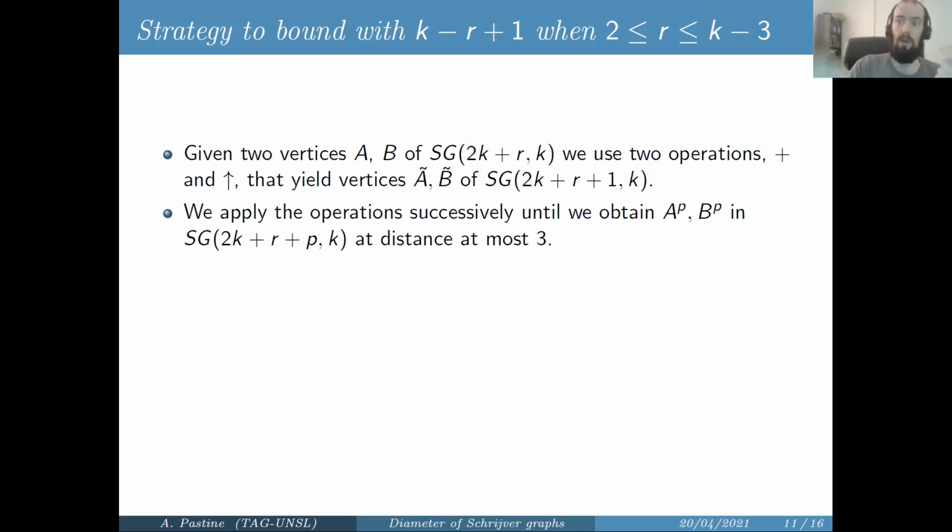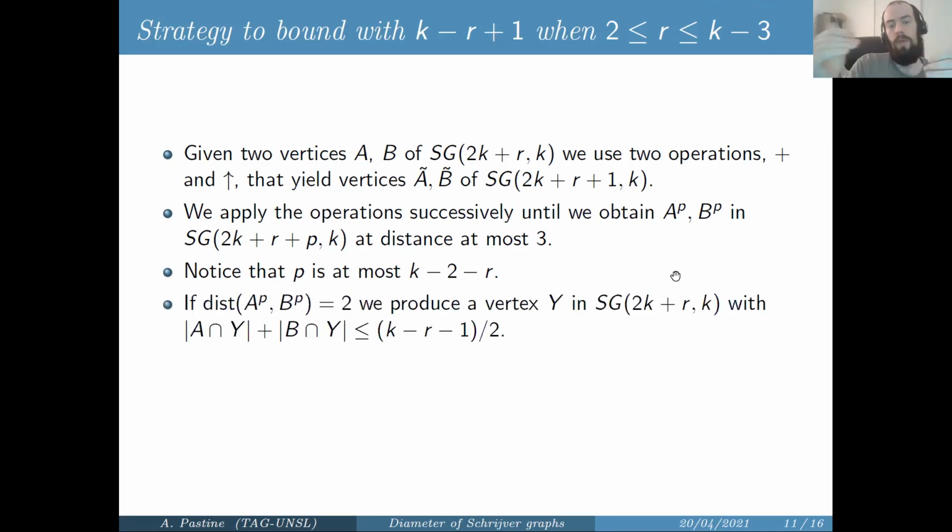Once we do that, we are going to come back to SG(2K+R, K). First notice that P is at most K minus 2 minus R, because once we reach this, we get 2K plus at least K minus 3, and we already know that has diameter at most 3. Now we have two possible cases. The distance between AP and BP may be 2 or 3.